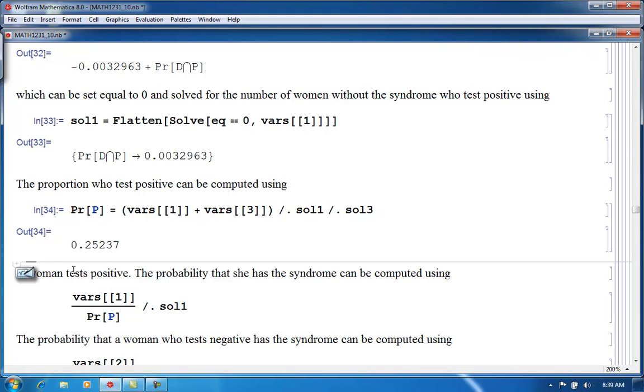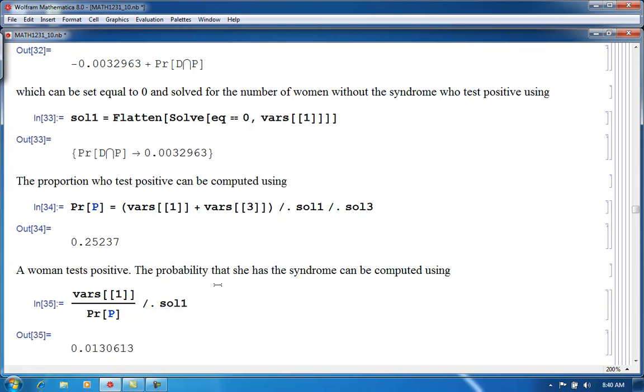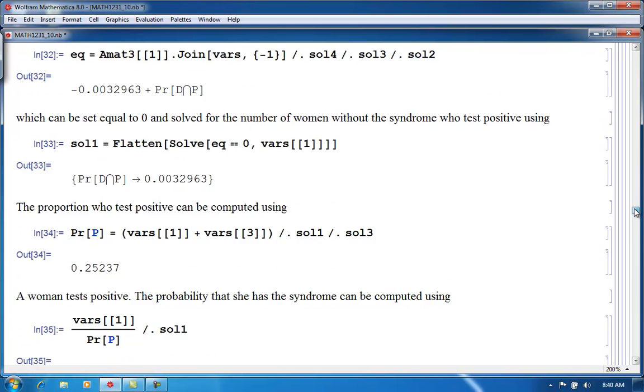A woman tests positive, the probability she has the syndrome can be computed using the formula for conditional probability. So this is the probability that she tests positive and has the syndrome, and that value is that, and that's what we found before as well.